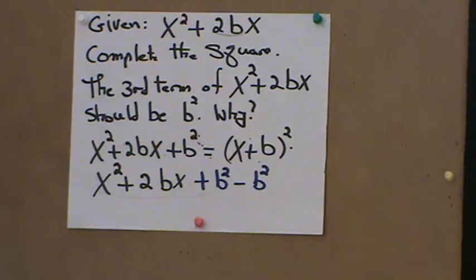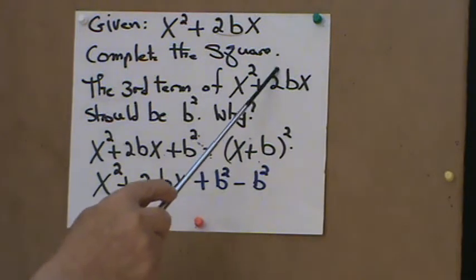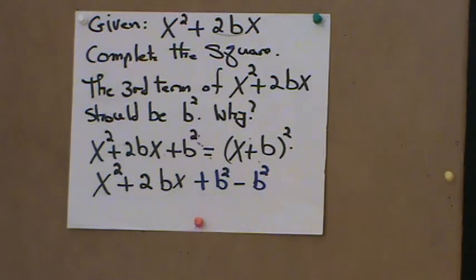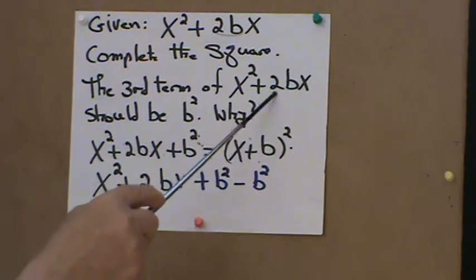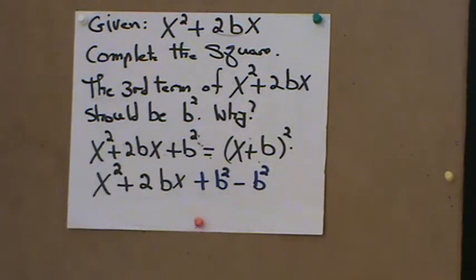Coefficient is something that usually comes to the left of the variable, or more often they are numerical coefficients, we can call them in this case. So the coefficient of x in this case is 2b, and b is half of the 2b. So we get the feeling that if we take half of the 2b, square it, then this becomes a complete square. Let's see if it is correct.